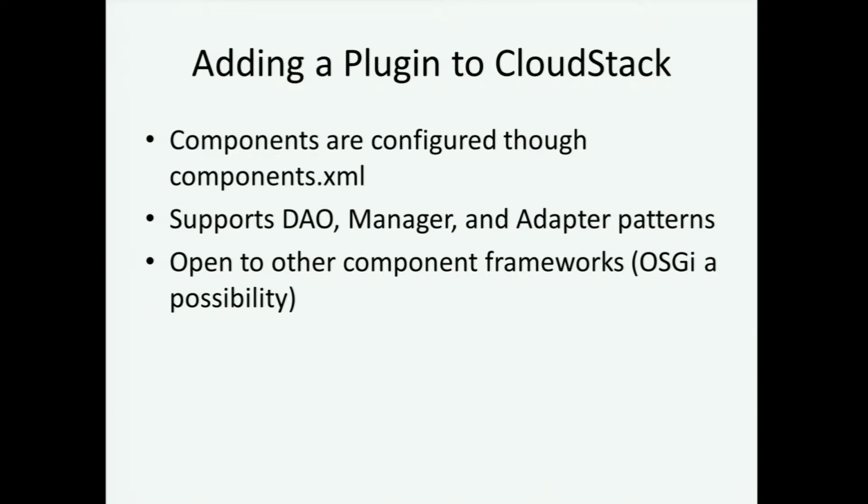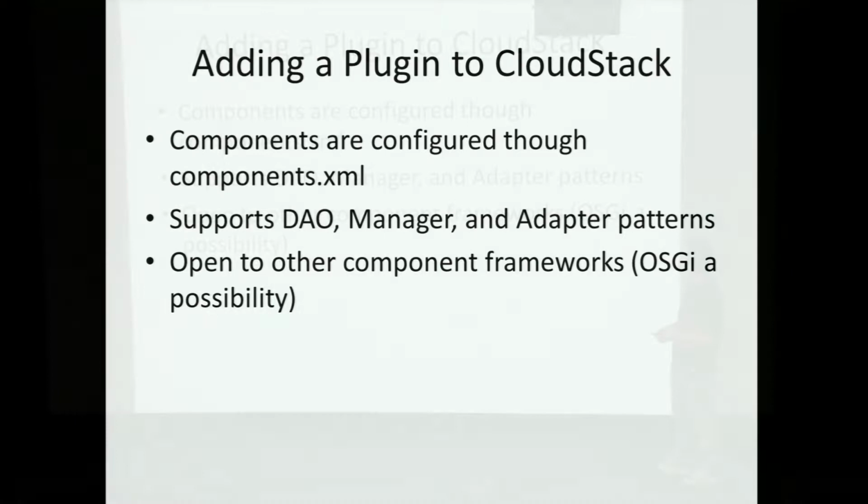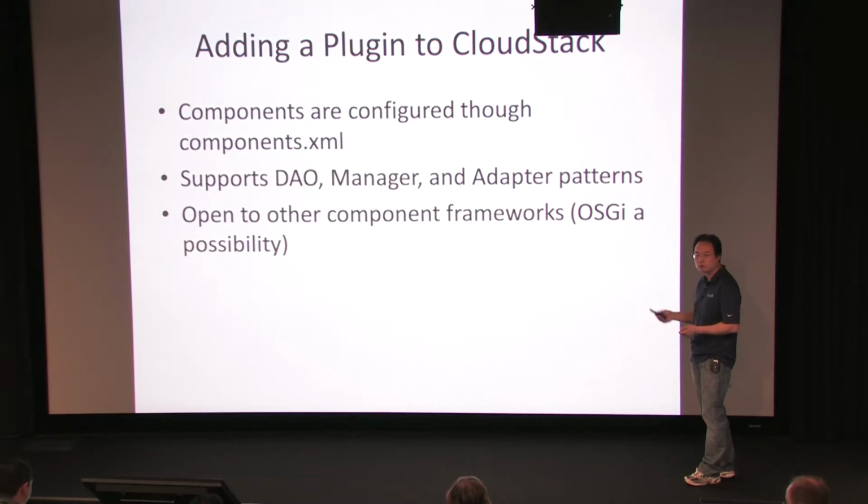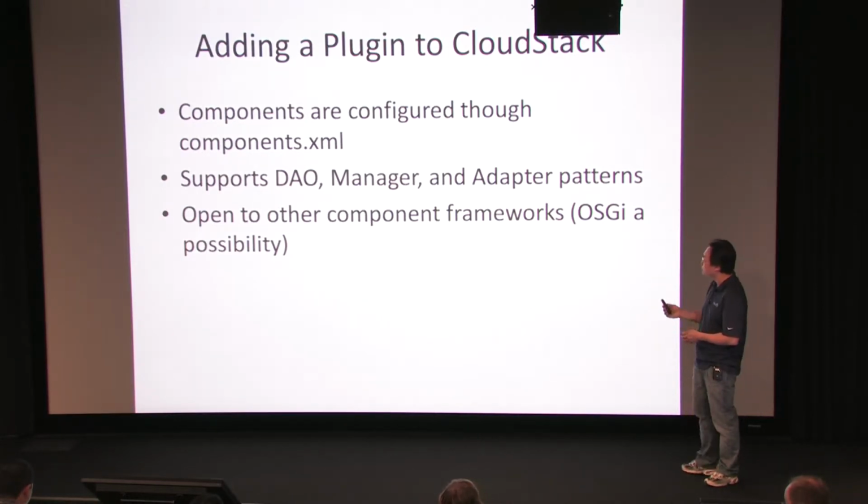And we're looking at possibly converting over to some different type of component framework to do these things. And we welcome any contributions or ideas in what framework to use. One of the things that we're looking at is OSGi, which has been famously used by Eclipse as a way to modify Eclipse's capabilities. And I think we can apply that to CloudStack.